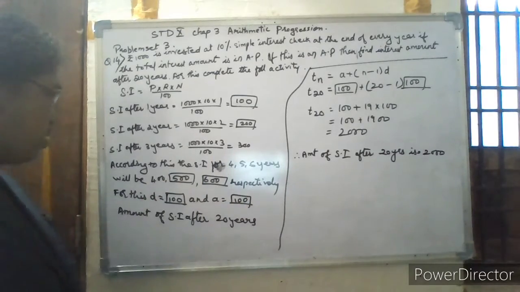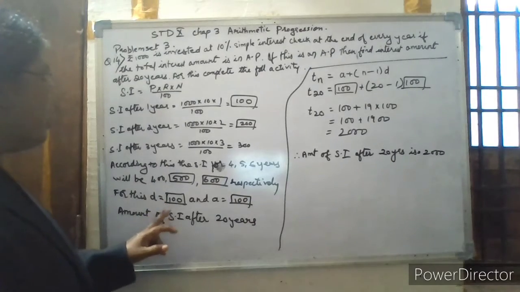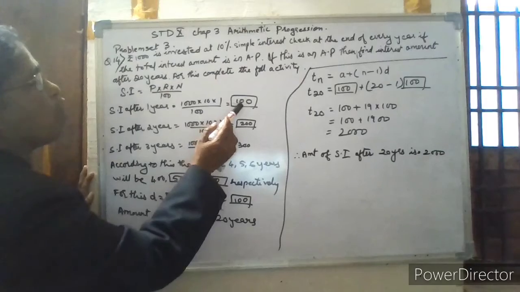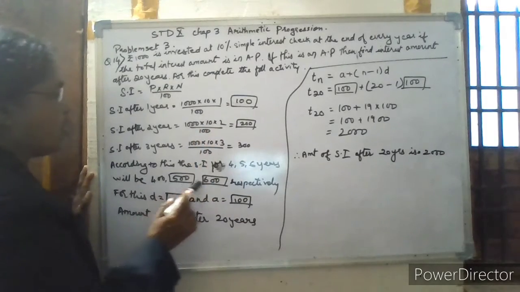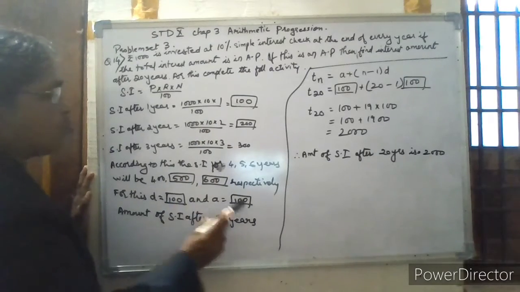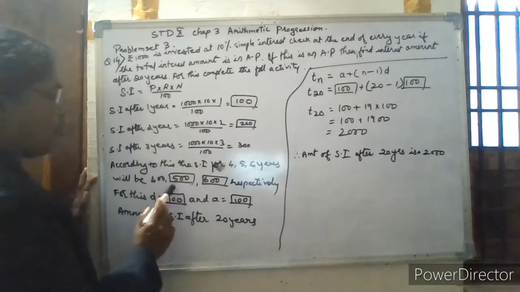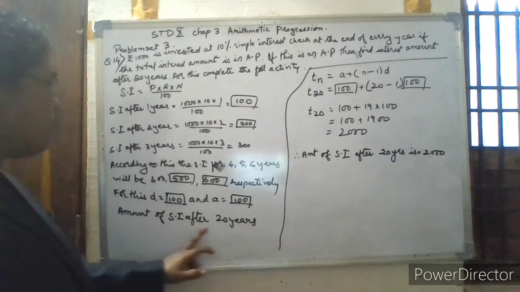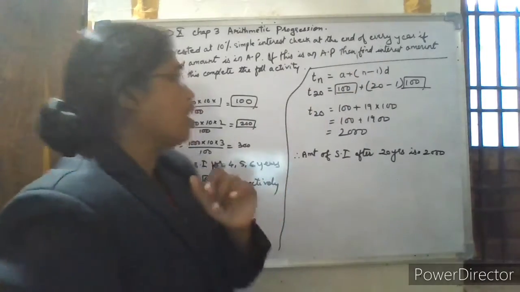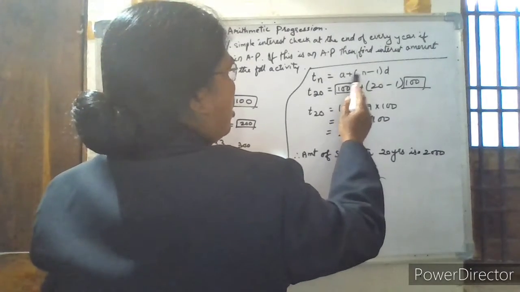Therefore we see the terms of the AP are 100, 200, 300, 400, 500, 600 and so on. So a is equal to 100, and the common difference, 200 minus 100, is 100 only. The amount of simple interest after 20 years is the 20th term, given by the formula a plus n minus 1 into d.